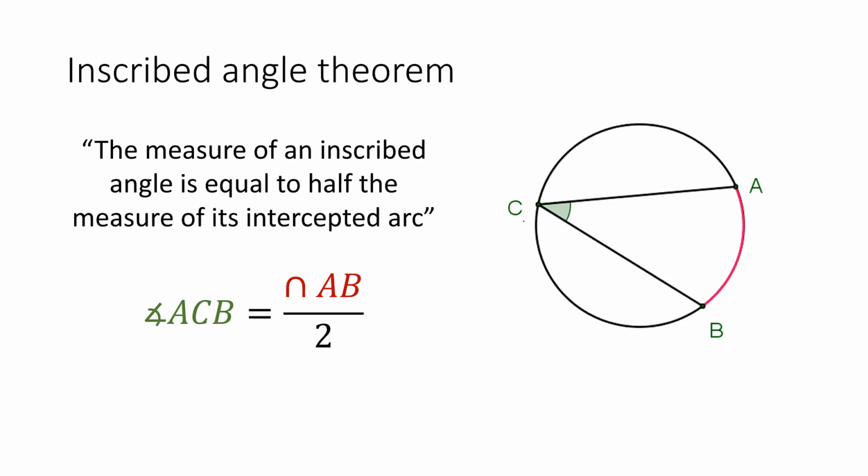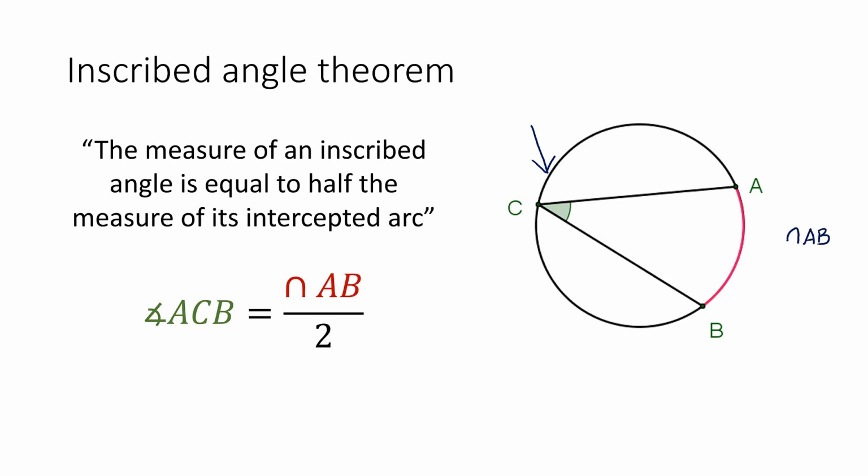In this example, the inscribed angle is angle ACB, and its intercepted arc is arc AB. Therefore, the measure of angle ACB is going to be half of the measure of arc AB.